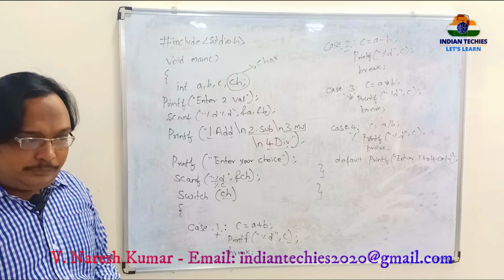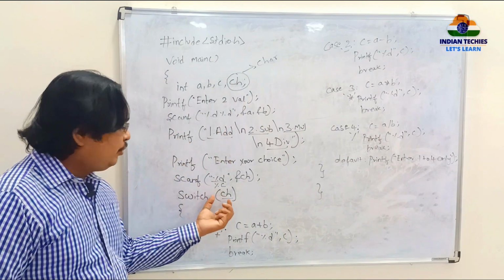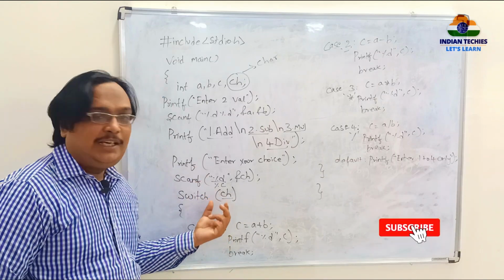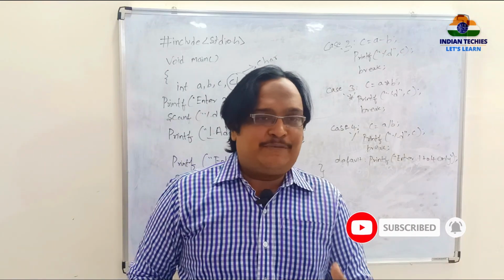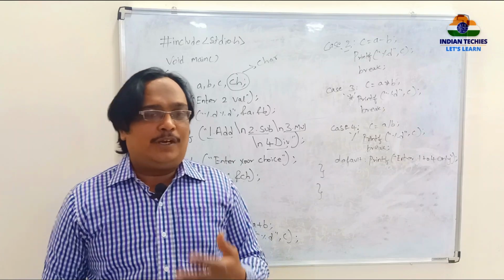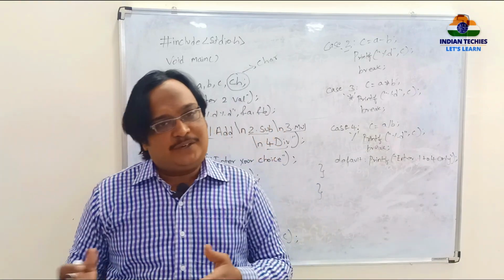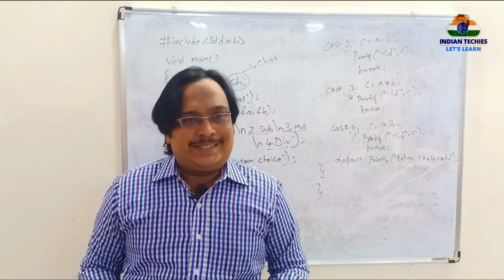Okay. Now, as I told you, this choice should be of integer or character type only. Float and double do not work. Because what do you mean by float? A fractional value, that is 12.5, 12.345. For 12.5 there are multiple options like 12.50, 12.5000, 12.4999. There is no single value.